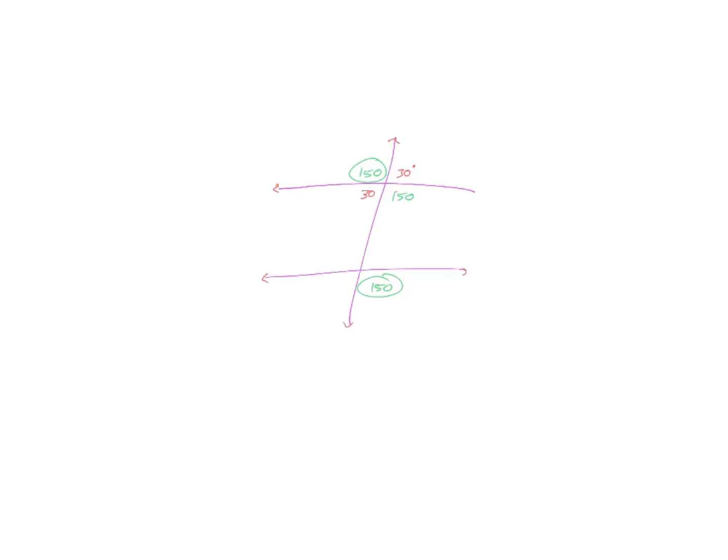Maybe you have alternate interior. You call this 150. This is 30. And then maybe we use corresponding. So you'll use the 30 and say that this is 30. And basically you're able to fill out all pieces.